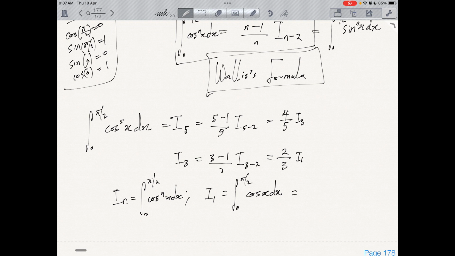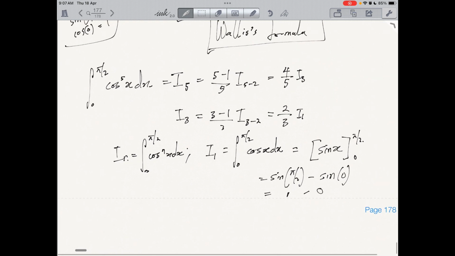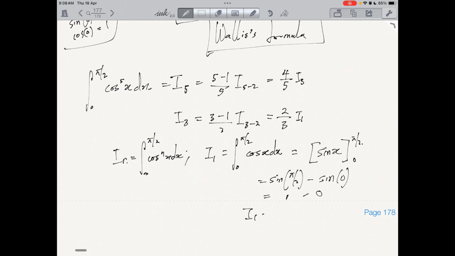Now this will be equal to sine x, applying the limit. So we have sine pi over 2 minus sine of 0. Sine pi over 2 is 1, and sine 0 is 0. Therefore, our I1 is equal to 1.